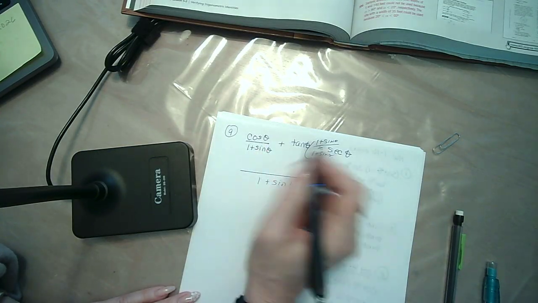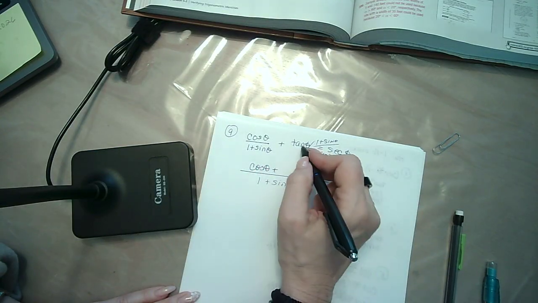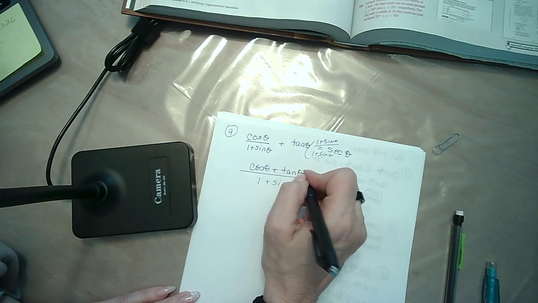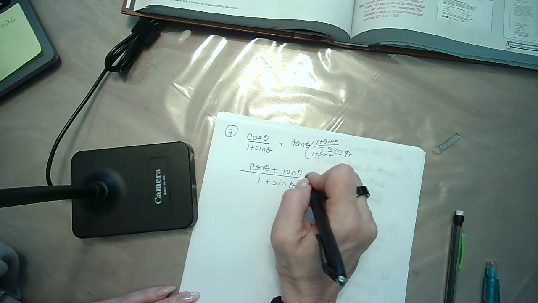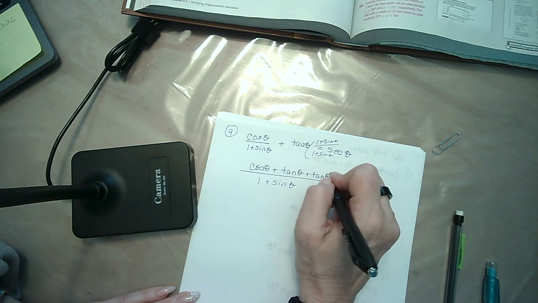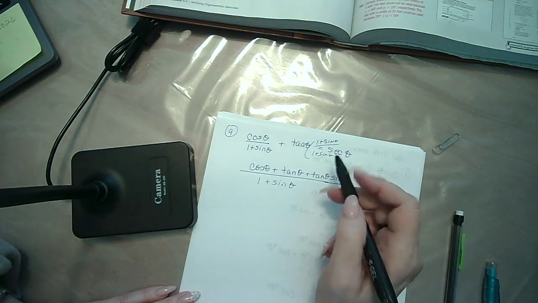I don't have to multiply this by anything, so it's just cosine. Plus, this becomes tangent times 1 is tangent. And tangent plus that is plus tangent sine. Interesting. Does not help me get to secant.